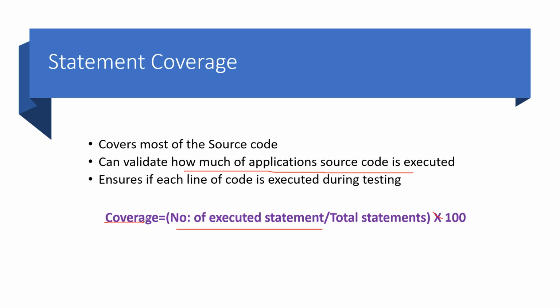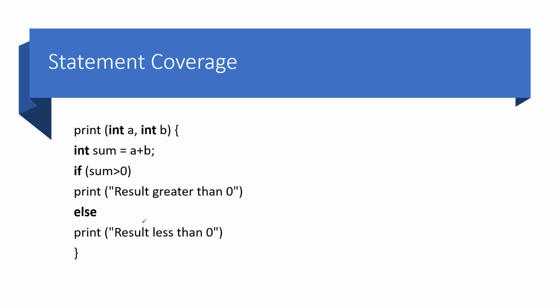Now, for example, you have A and B in this code and you're going to calculate sum. Sum is equal to A plus B. If the sum is greater than 0, you print result is greater than 0; else you print result is less than 0.